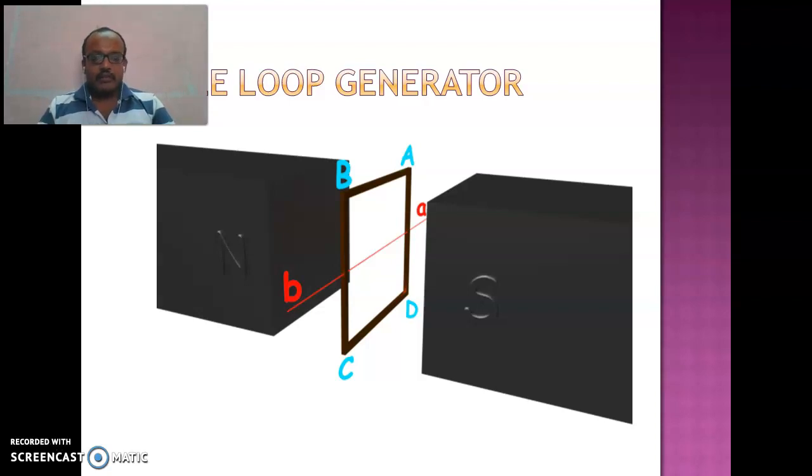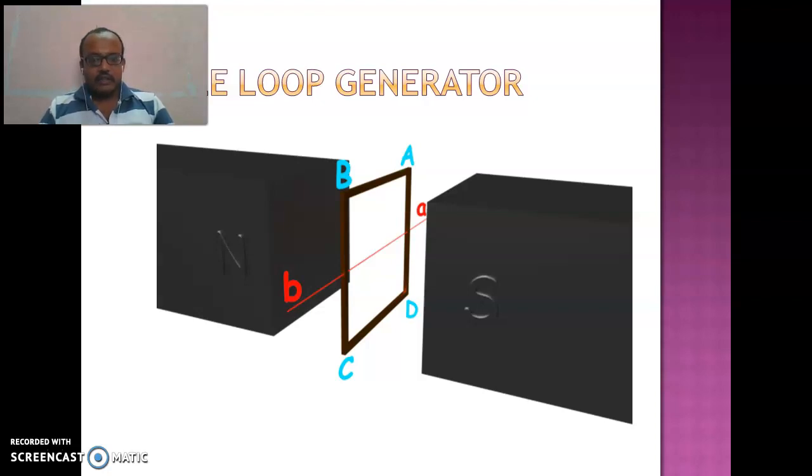Here we can see the magnetic field and the conductor. The magnetic field is produced by two permanent magnets, represented here in black color. One is the north pole and the other is the south pole. The conductor ABCD is in a rectangular form and rotates about the axis AB.